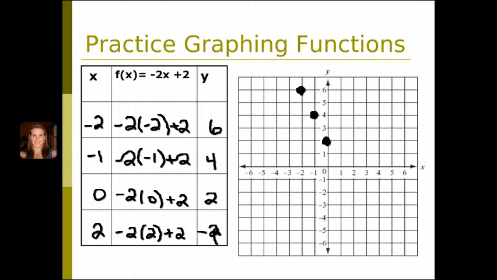And 2, -2. So if we connect our dots, oops, and again your line should be straight. I apologize for my line. But your line should be a negative line and should go through all of those points.